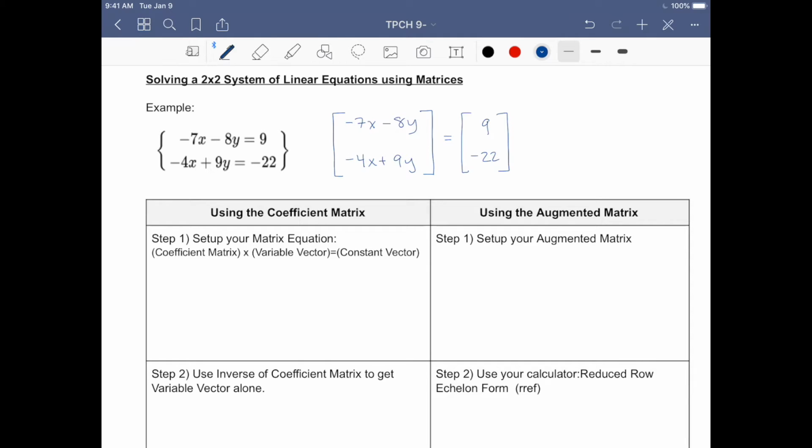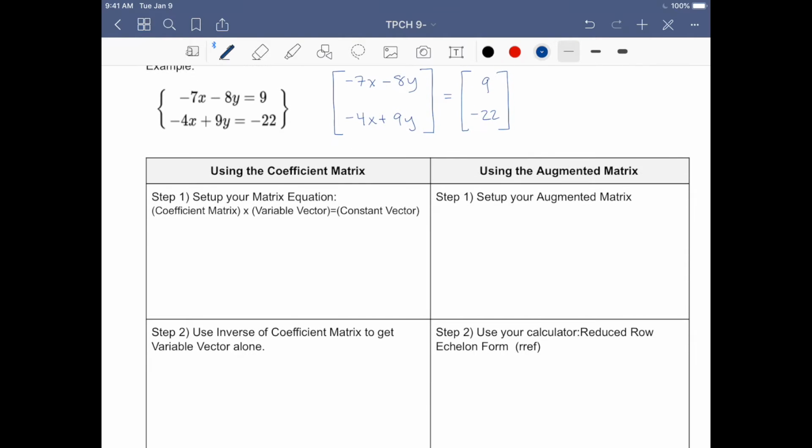Now the next step to breaking this down even more, because I won't be able to put x and y into my calculator the way I wrote it here, is I'm going to come to step 1 using the coefficient matrix. The coefficient matrix is very simple. Once you've lined up your x's and your y's, you're just going to write the coefficients.